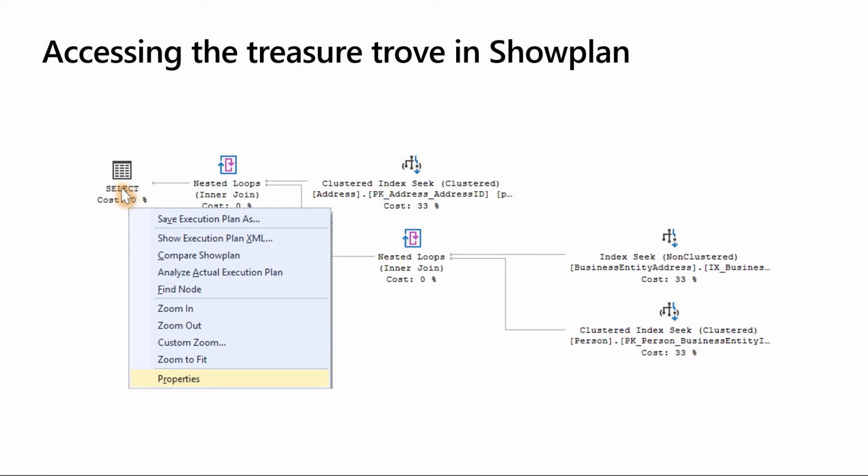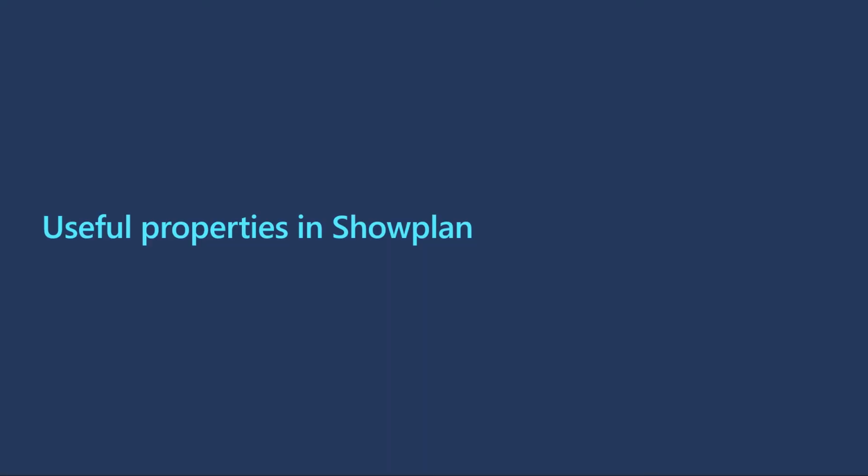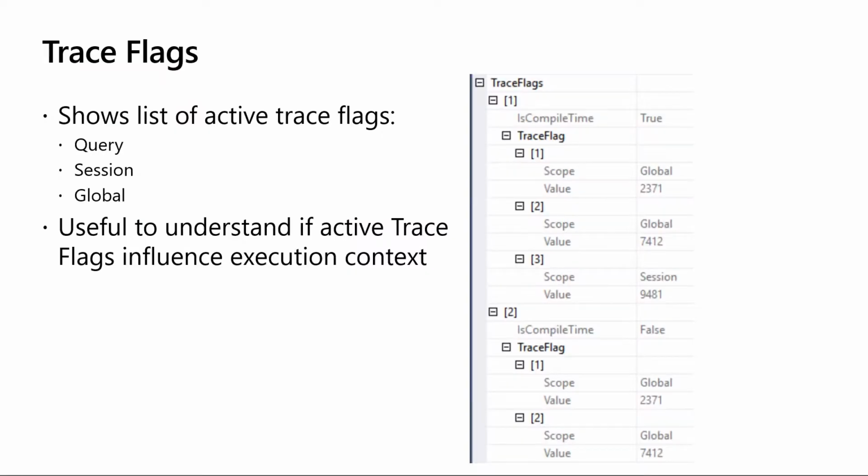And we'll spend the next few minutes looking at some of these properties in greater detail so that we see what kind of insights we can derive from them. And this is just a sample of everything that's available. But we'll go through a number of properties that really allow us to create working hypotheses about query performance issues that we may be experiencing. For example, the list of trace flags.